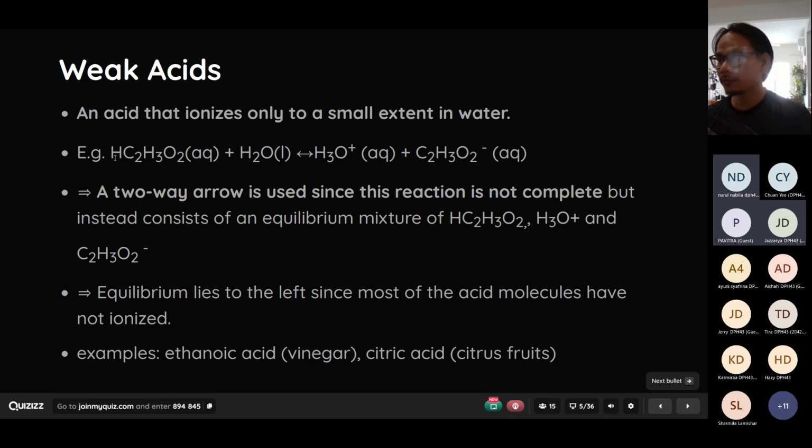So most of the time kalau dalam larutan ni bila kamu ambil acetic acid, kamu larutkan dia dalam air, most of the time ion ni tidak akan ada dengan banyak. Yang ada dengan banyak adalah it exists like this dalam bentuk ni. Yeah, so example adalah ethanoic acid which is cuka ataupun citric acid yang ada dalam buah citrus.